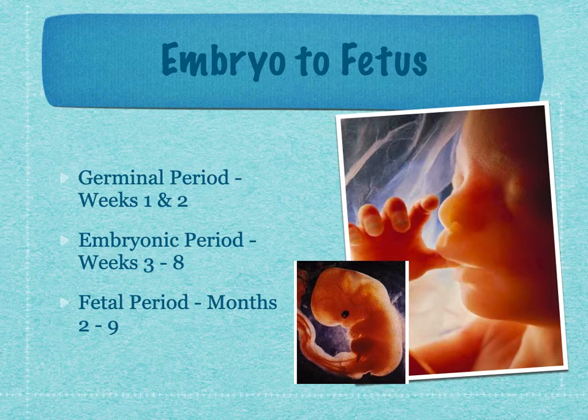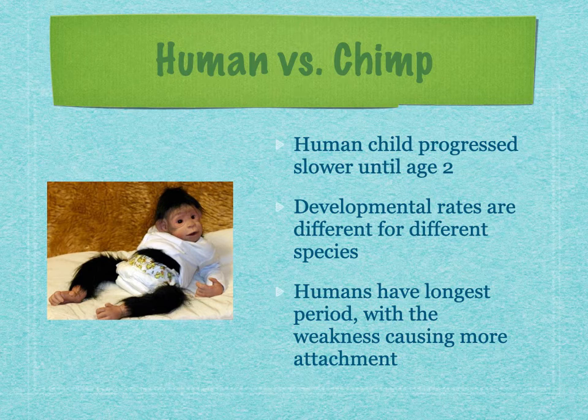We enter the embryonic period, weeks 3 to 8 of a pregnancy, where you're going to look a little more kind of like the little tadpole looking thing down there in that left-hand picture. And then the child becomes what we call a fetus. And so from month 2 to month 9, that fetus is growing, and you've got all of the organs for the kid that are developing during that point in time.